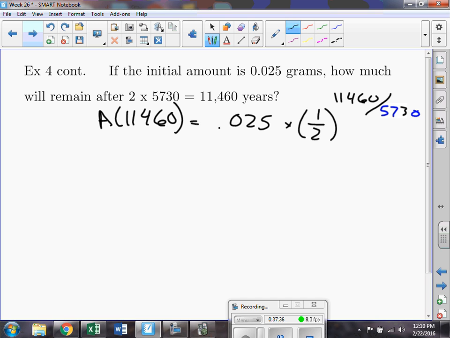Well, basically, what we should recognize is that was 2 half-lives. 2 times 5,730. So all this is doing is taking the original amount and applying the half-life twice. So what is half of 0.025?